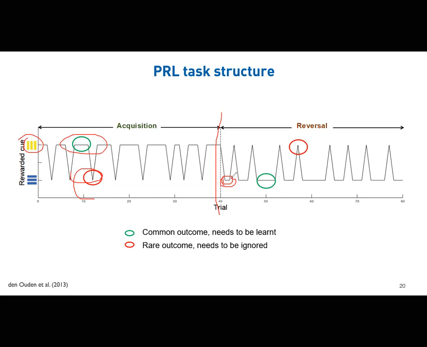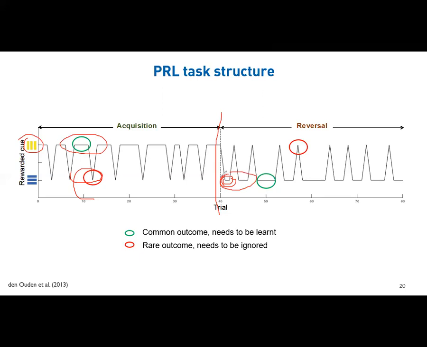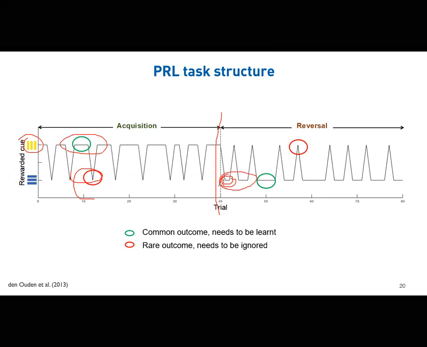The role is changing. From the perspective of participants, they have to pick up this information as soon as possible. They have to realize that the previously rare outcome is not noise anymore; it now becomes the informative signal. So they have to learn this change.